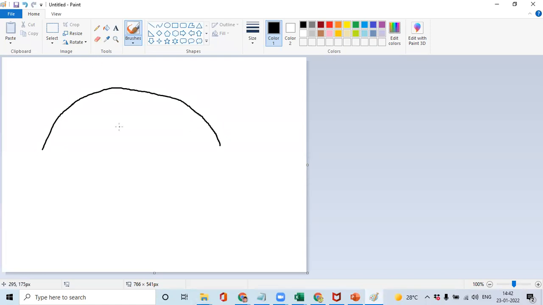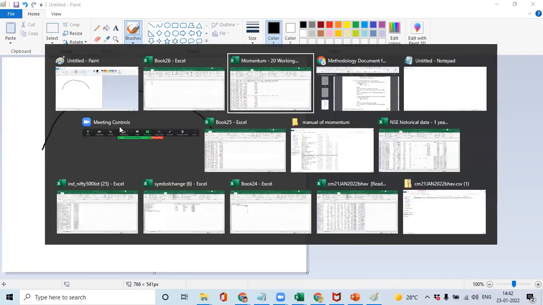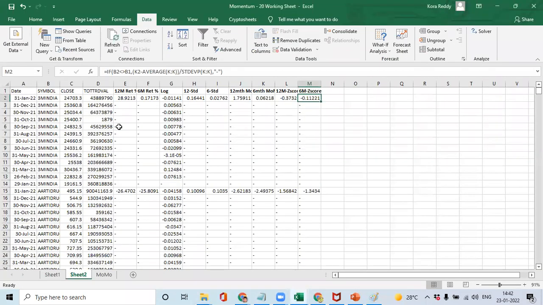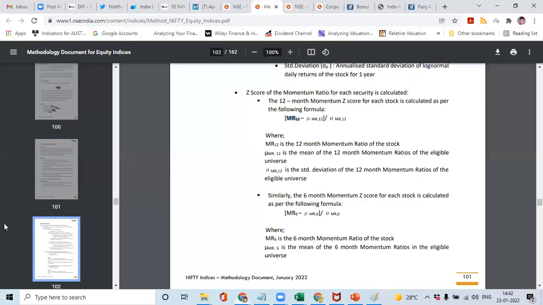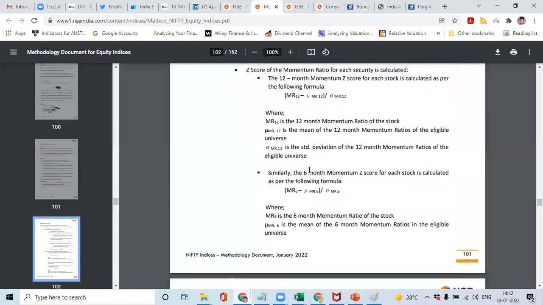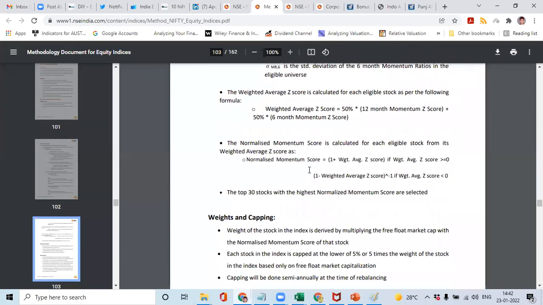So that is what a normalized Z score does. Okay. So we have completed this step now, calculated all the Z scores.